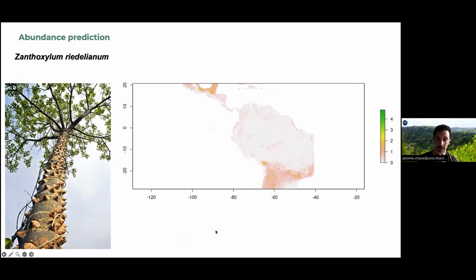And the end result here is the distribution of this species from the Yucatan Peninsula in Mexico all the way to southern Brazil and northern Argentina.